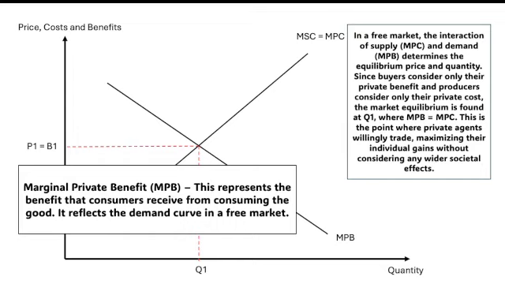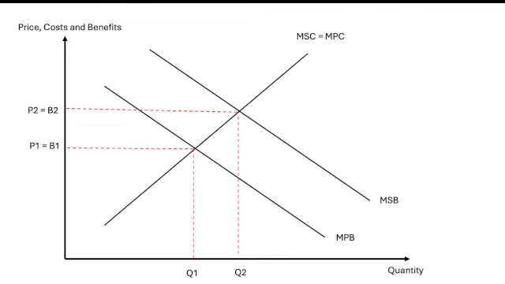The only issue here is this allocation of the resource is not taking into account the wider effects on society. And therefore, actually, Q1, we would consider it to be underconsumed. So, as we can see here, the marginal social benefit is greater than the marginal private benefit.